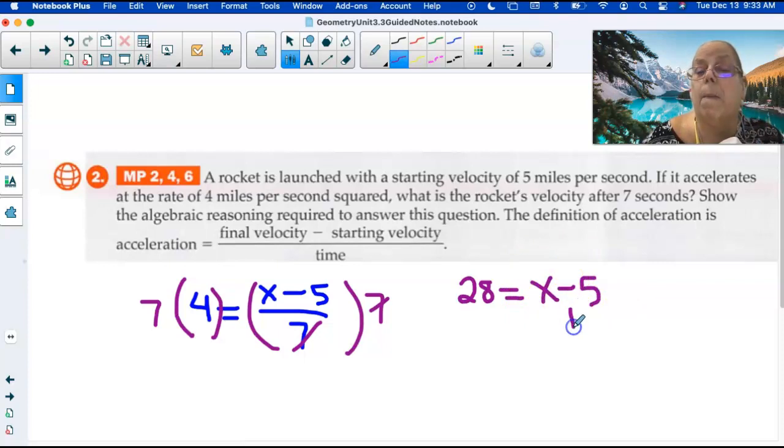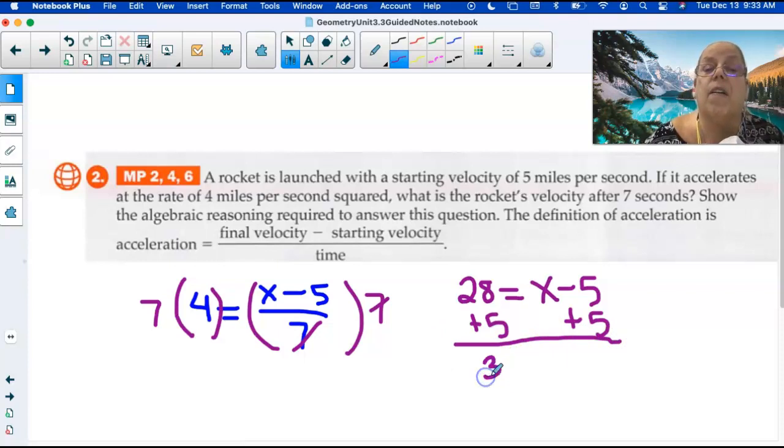Opposite of minus is plus. What I do to one side, I do to the other. So the final velocity is 33 miles per second.